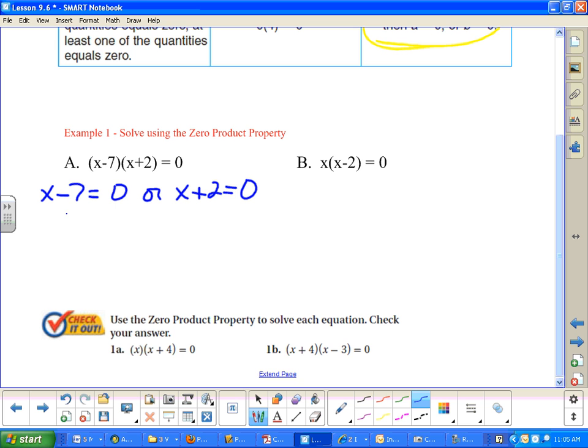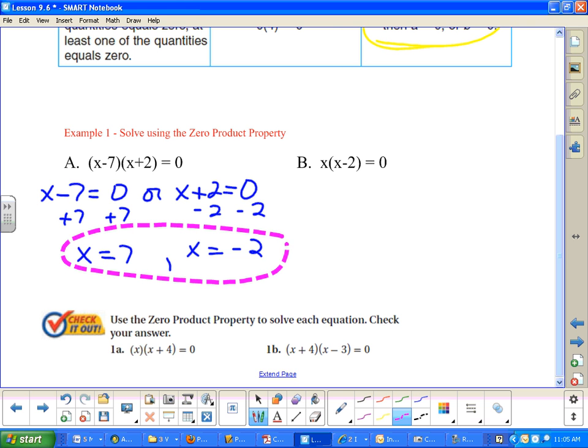To get rid of the minus 7, we add 7 to both sides. To get rid of the plus 2, we subtract 2 from both sides. So then x equals 7 or negative 2.